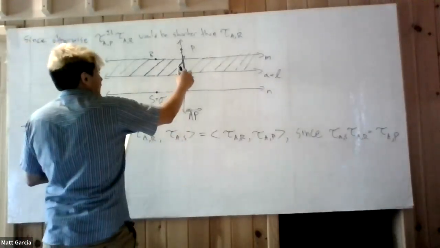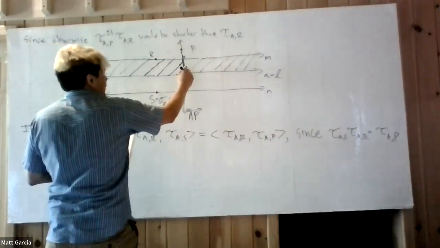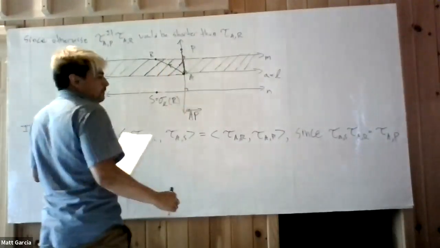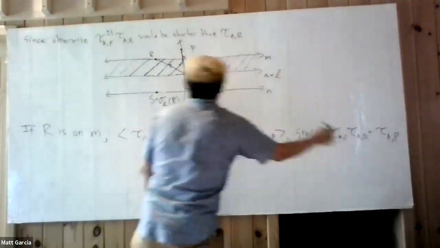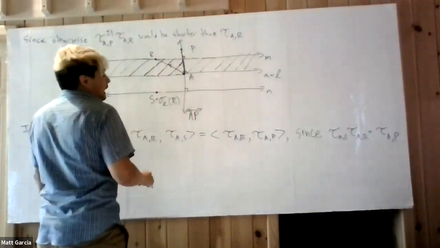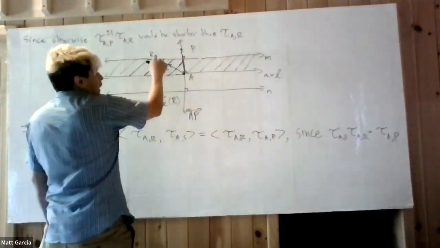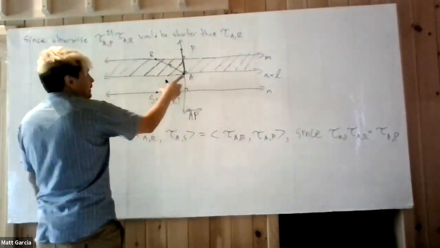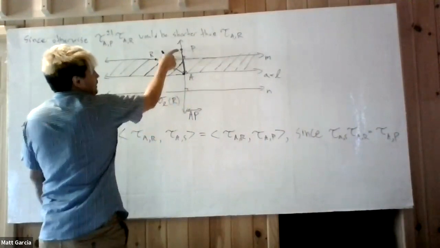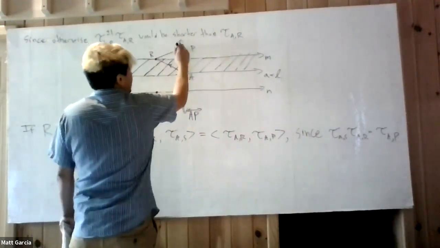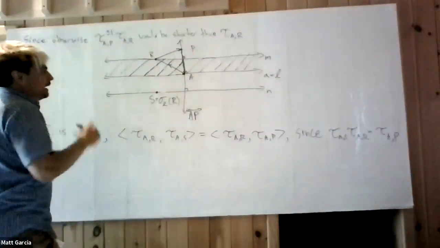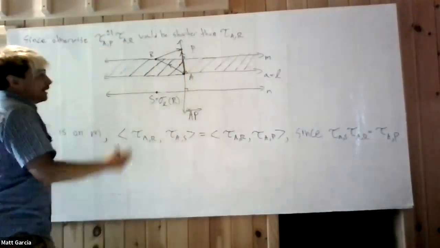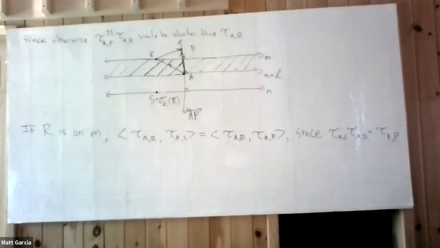So, again, if I evaluate the translation that takes A to R on A, I go to R, and then if I take the translation that takes A to S of R, I just translate this vector here, and I get P. So I get the full translation A to P when I take that product.